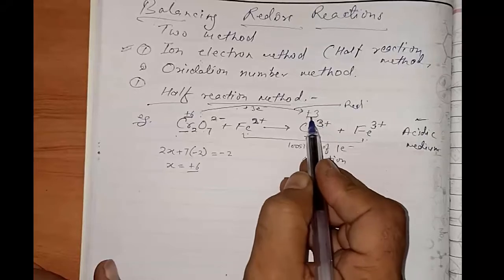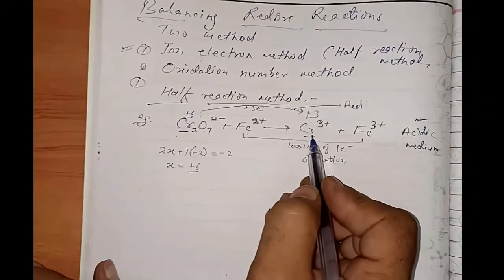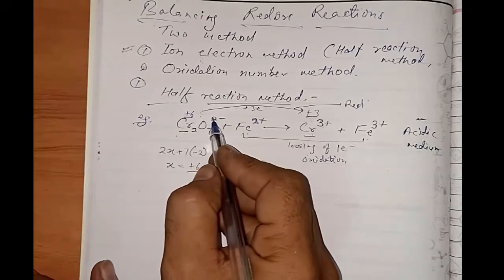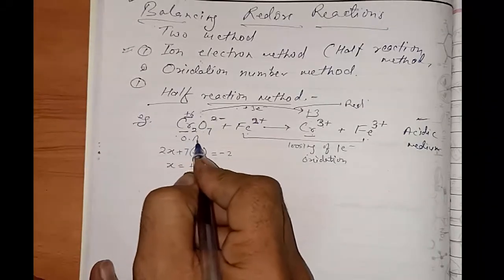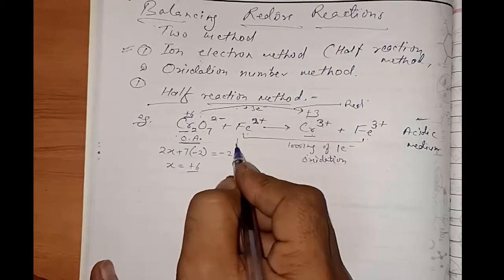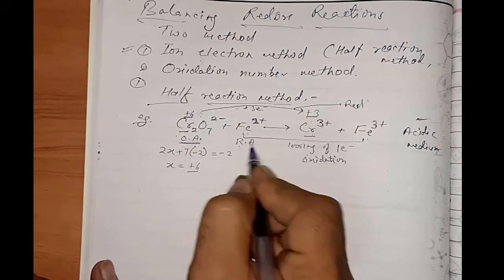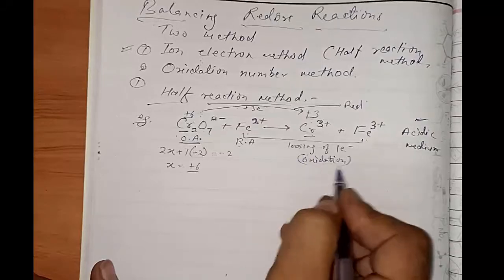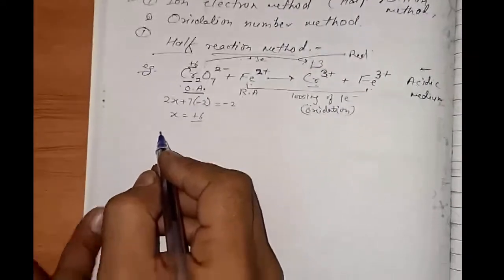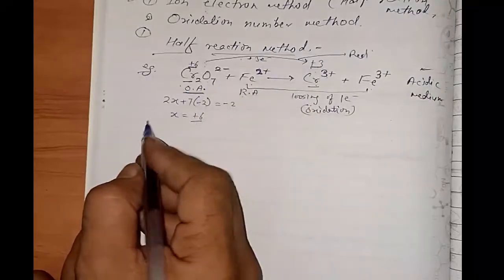Whatever the charge is, that is the oxidation number of that ion. If this one is getting reduced, then we can say this is the oxidizing agent. And this one is the reducing agent because it is undergoing oxidation. I explained this already. Now we have to write the two reactions separately.